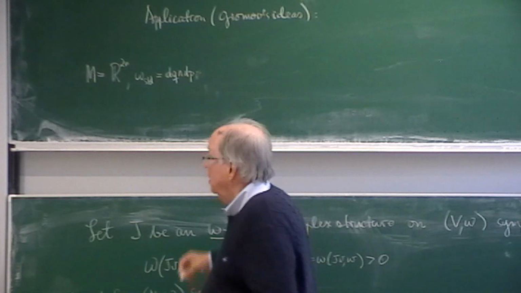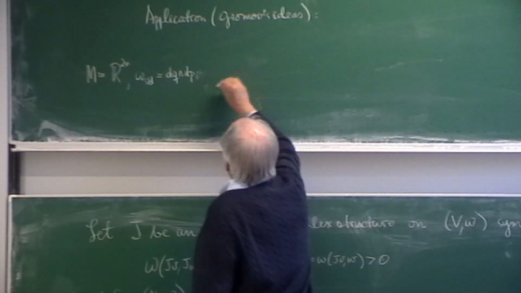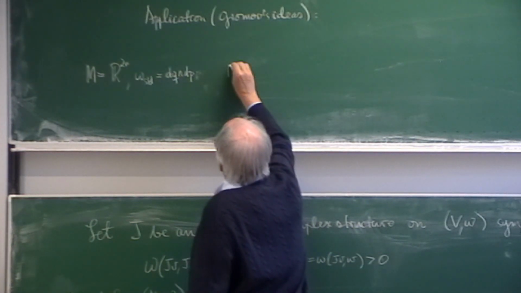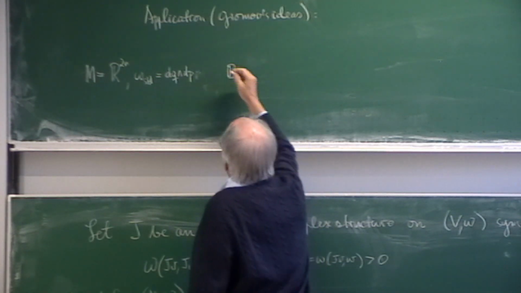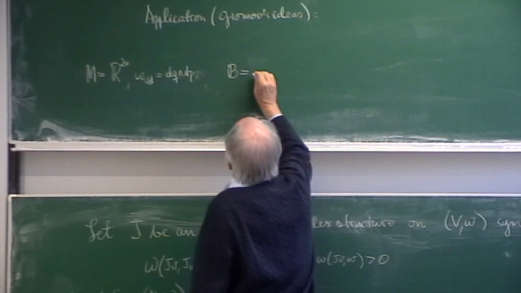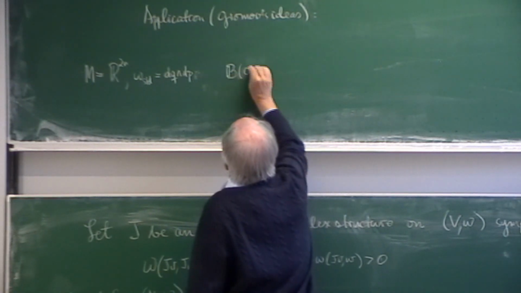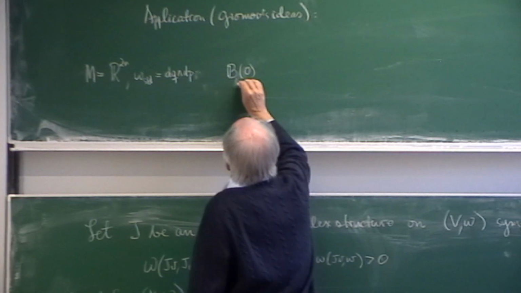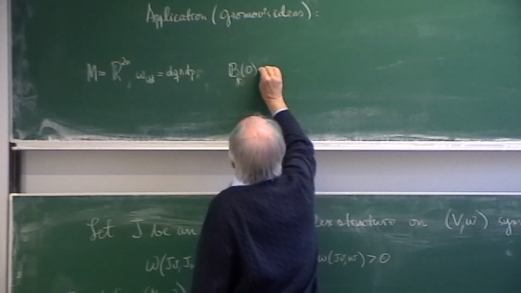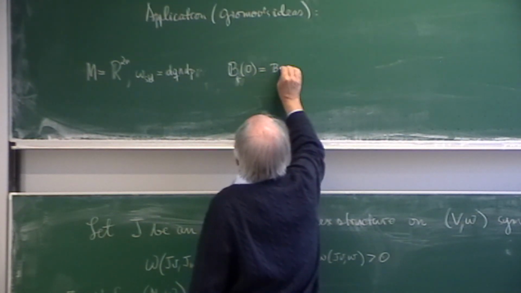Now, let's look at a ball here. So I write a ball. This is the ball about the origin of radius, let's say, small r.